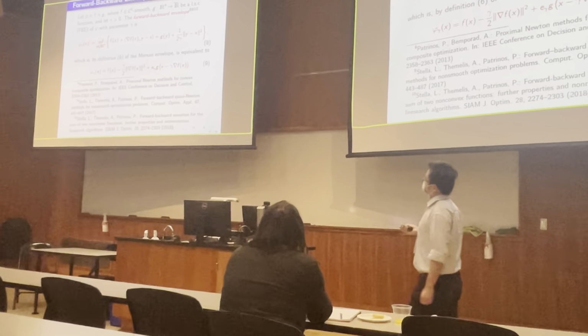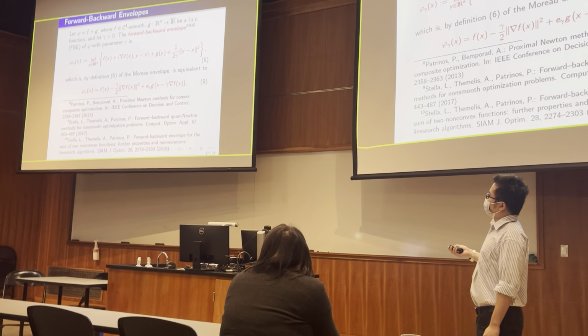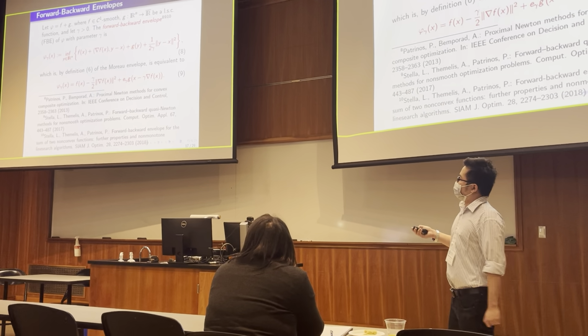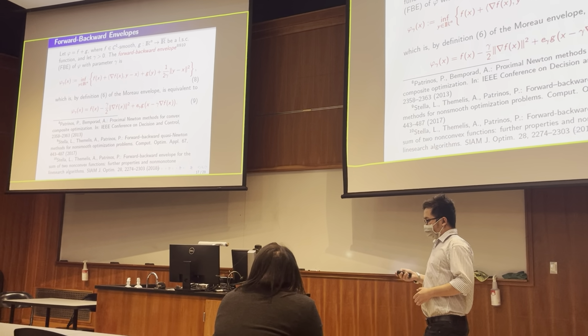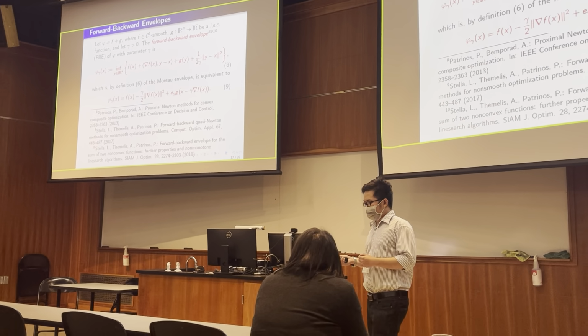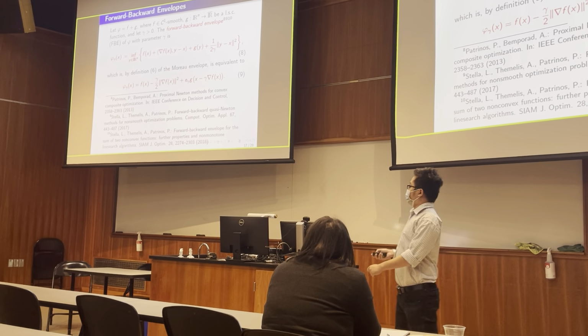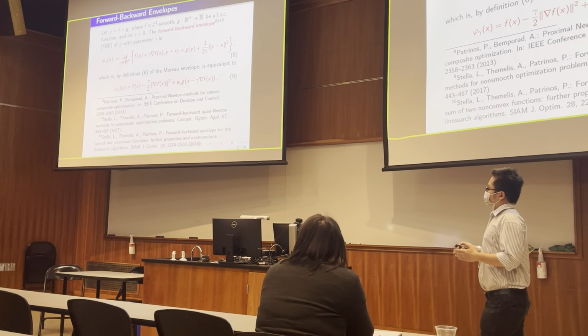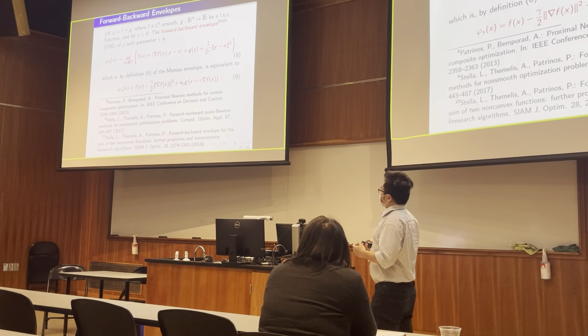Here the function phi is f plus g, where f is smooth and g is nonsmooth, and the forward-backward envelope is defined as follows. As you can see, when f is equal to 0, the forward-backward envelope reduces to the Moreau envelope.